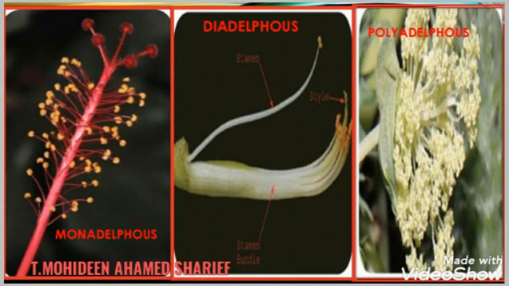Okay, so in this picture you can see they are given detail about the fusion of the stamens and what are all its types and the examples. First they have given about the syngenesious. So the anthers connate and the filaments are free.